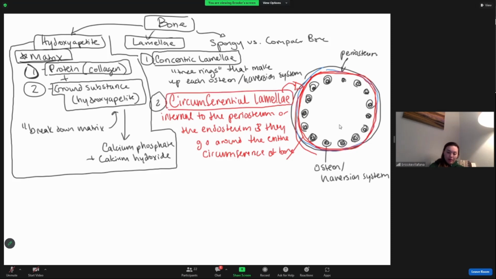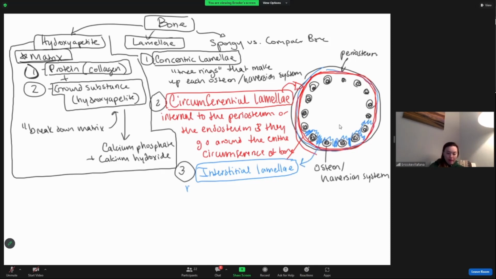And then our lamellae type number 3 is called interstitial lamellae. And these make up all of the in-between spaces that the other two basically don't get to. So we would draw like this. All of this stuff in between would be our interstitial lamellae.